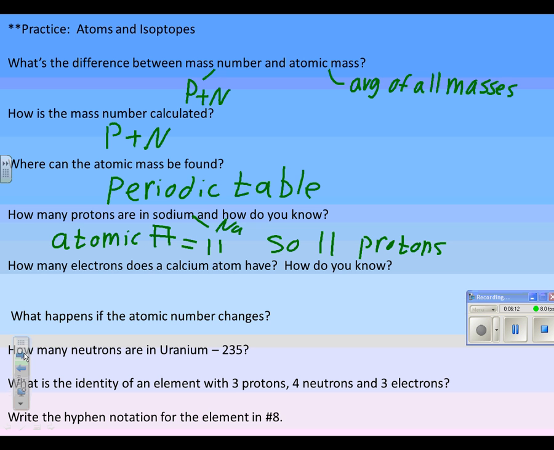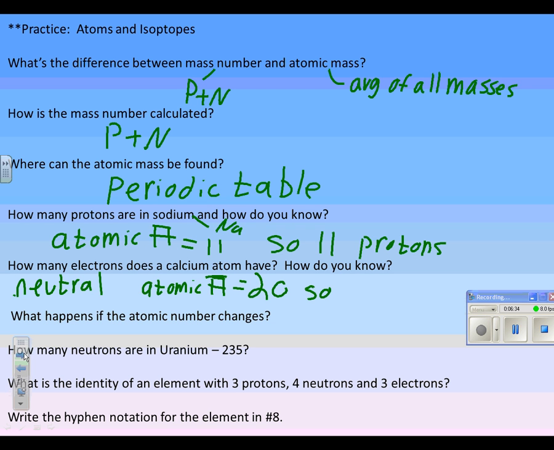How many electrons does calcium have? Well, we know it's neutral. Remember, we always consider atoms neutral unless we tell you differently. So its atomic number equals 20.